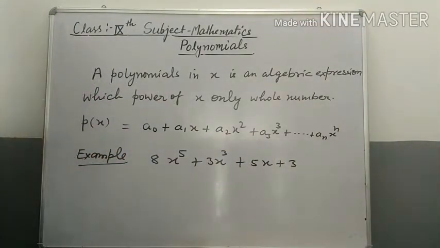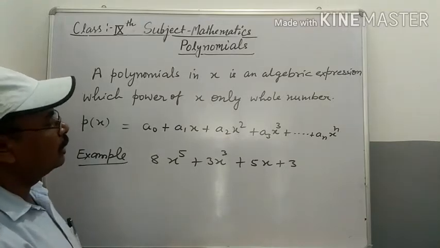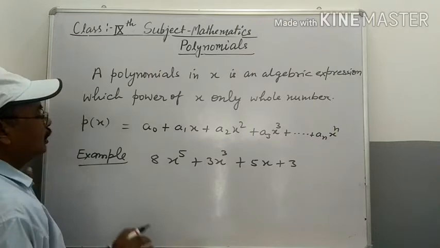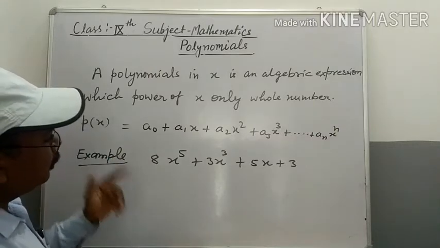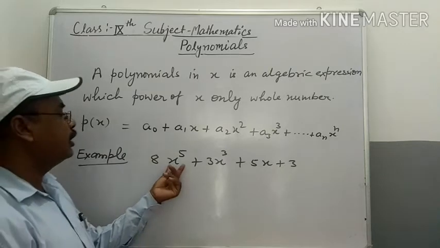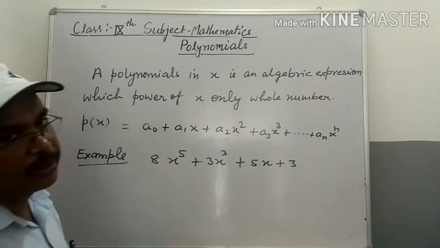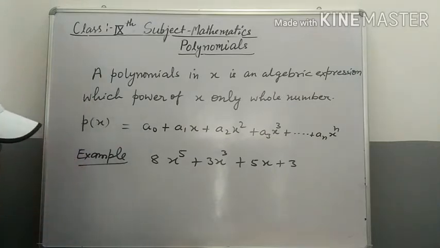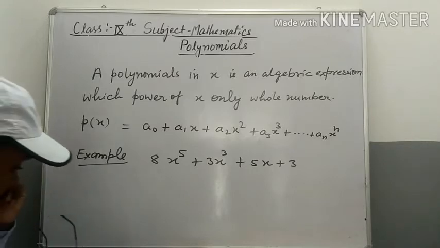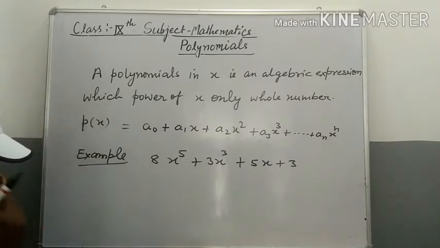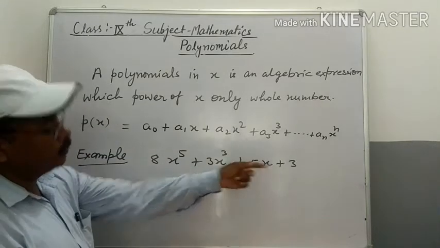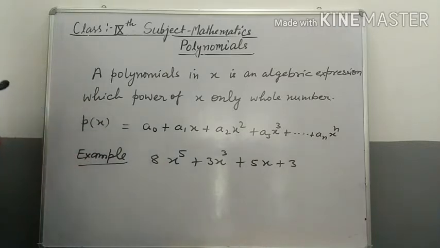Students, you can see this is a polynomial, and with the help of this example we can find the degree of the polynomial. Degree means the highest power of x, the highest exponent, and that is the degree of the polynomial. And the terms: 1, 2, 3, 4, this is 4 terms.